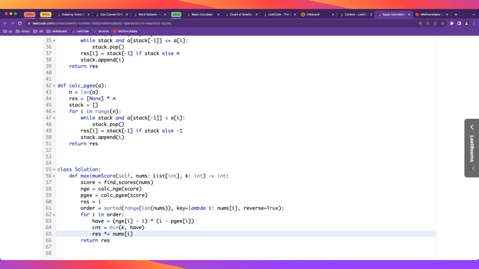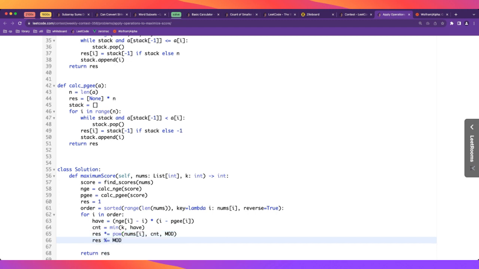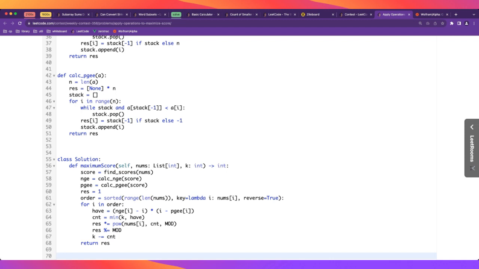That is just computing the power, which in Python we can do this way. We want nums I to count, but the mod, and of course this is only modding the power, but we are also multiplying the power by res, so we need to also do this, and then we subtract the count from the bound, from the limit, and I think this should be it.